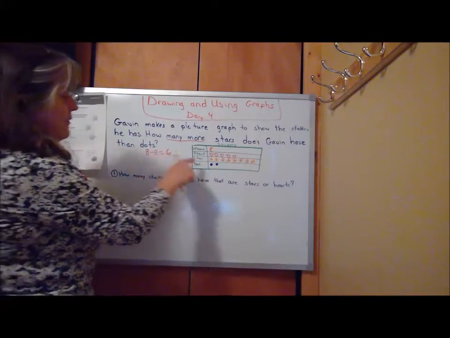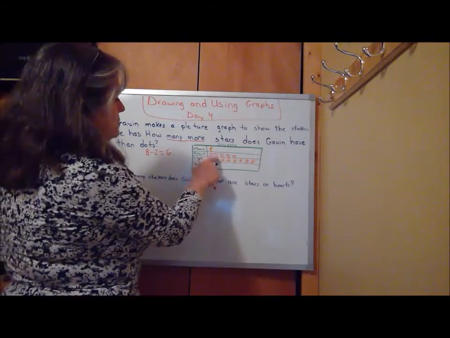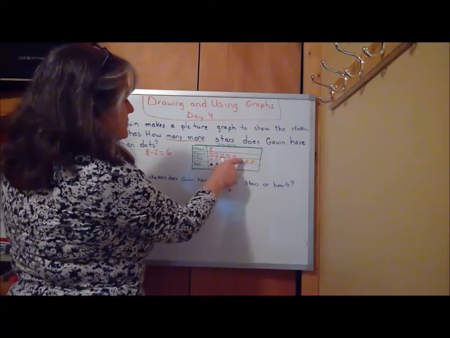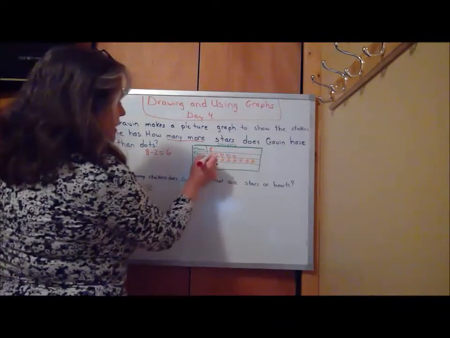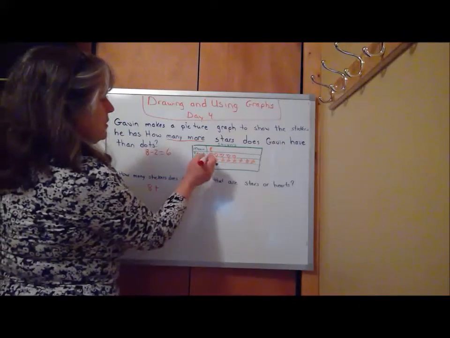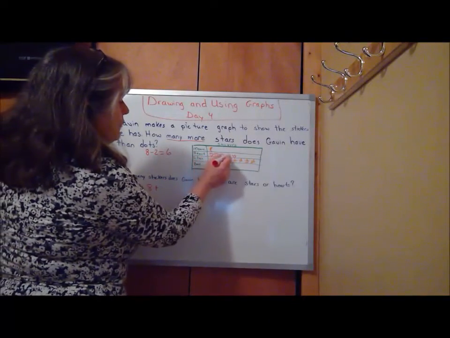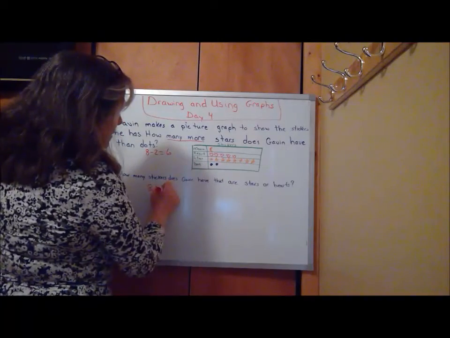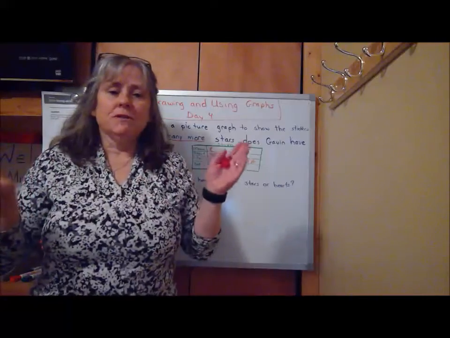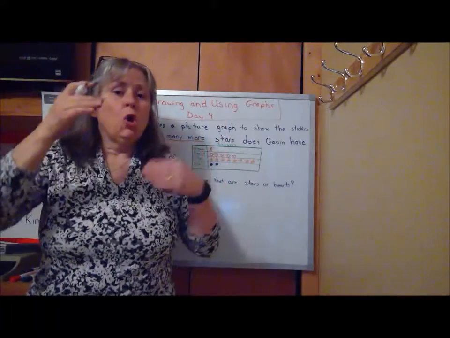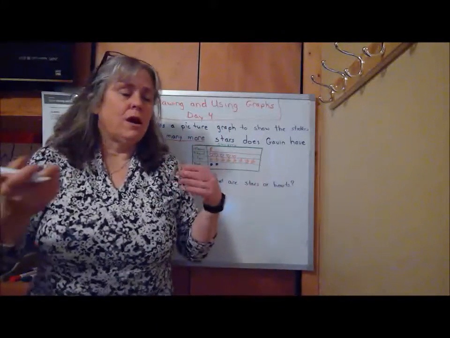So I already know that I have 8, but I'll count them again. 1, 2, 3, 4, 5, 6, 7, 8 stars plus 1, 2, 3, 4, 5 hearts. Because this time I'm not looking for the difference. I'm looking for the total amount of stars or hearts.